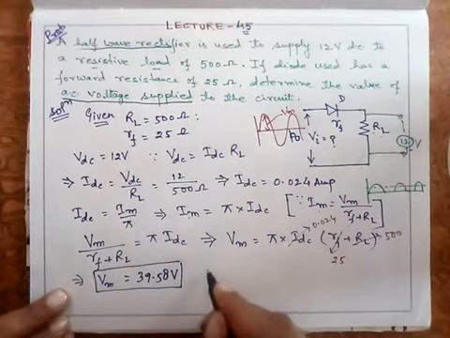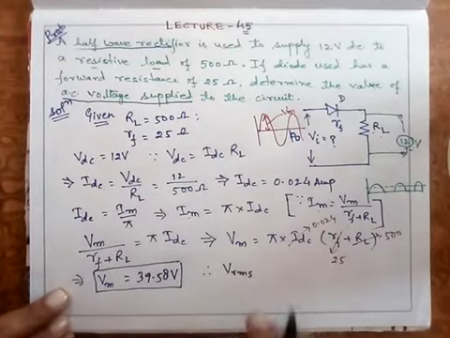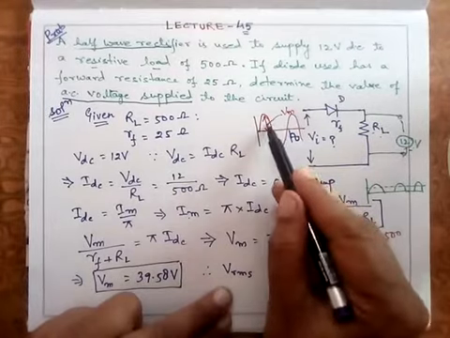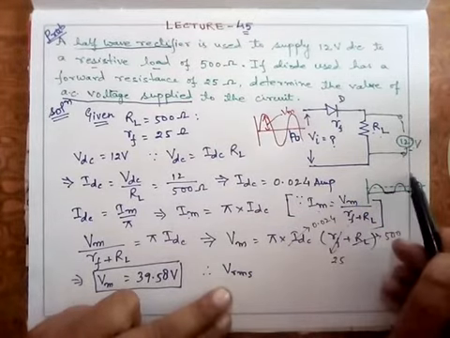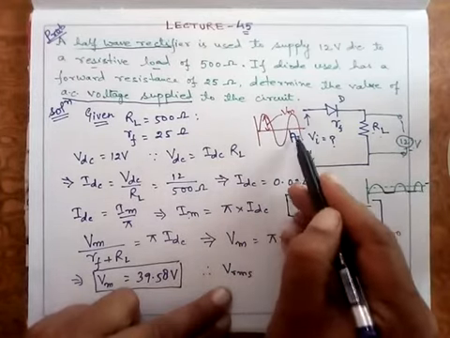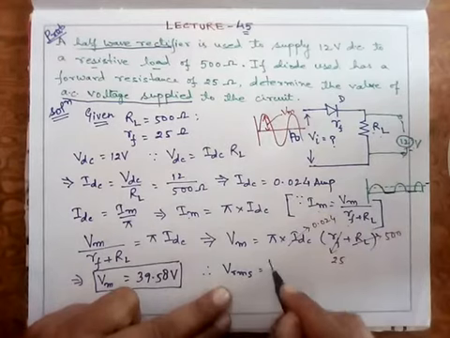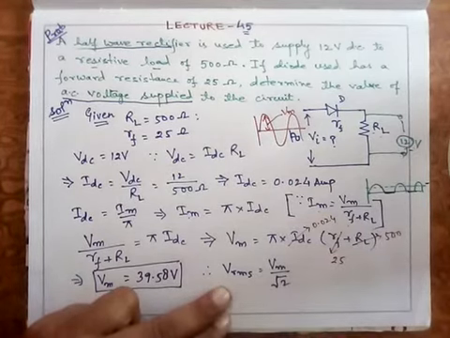So VRMS means the RMS value of this signal, not of this signal. The RMS value of this is Im by pi or Vm by pi, but the RMS value of an AC signal is equal to Vm upon root 2. Remember that.